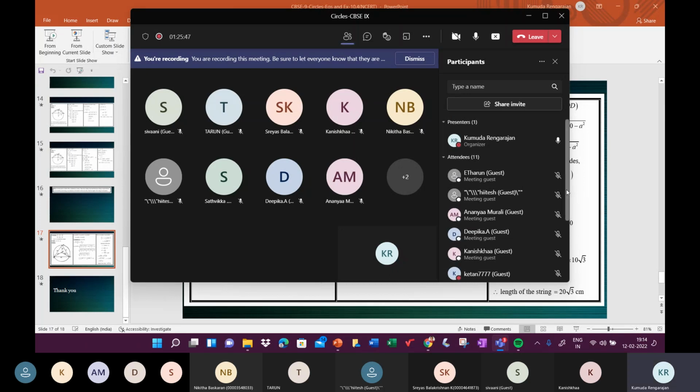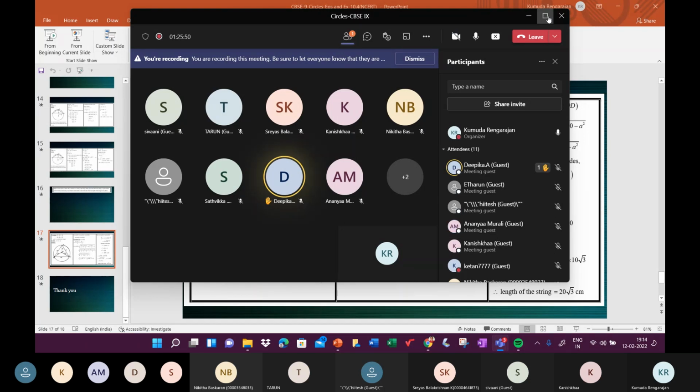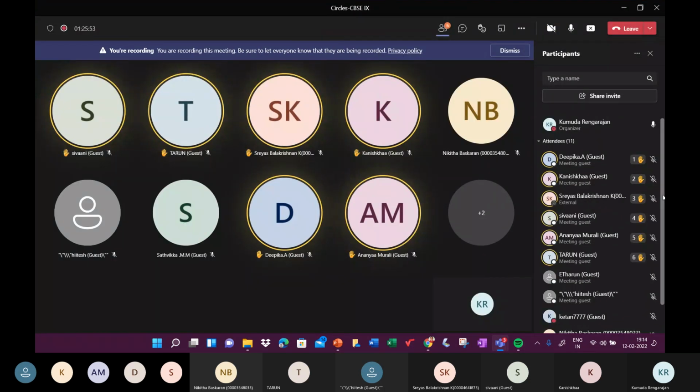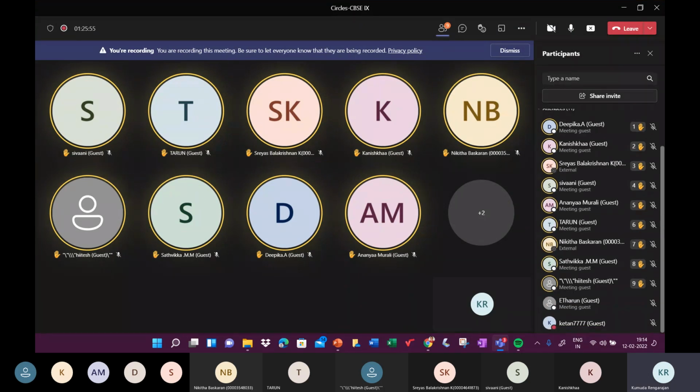Class, use the emoji. Raise your hand. Deepika, Kanishka, Shreyesh, Shivani, Ananya, Tarun, Nikita, Satvika, Hitesh. Tarun Ishwaran, Arav, Pranav Rajan. Arav, are you there?